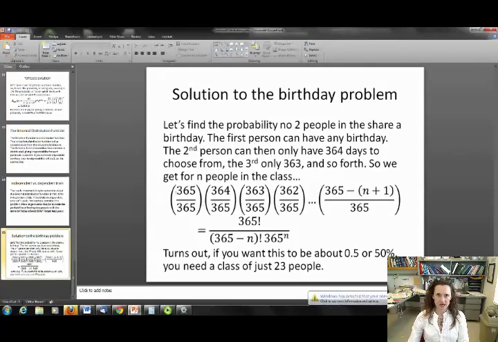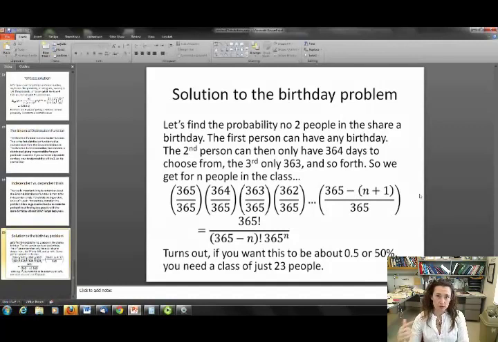Here's your first person that can have any one of the days, 365 out of 365. Here's your second person that's only got 364 out of 365 choices, okay? And then 363 out of 365, 362 out of 365, all the way down to (365 minus n plus 1) over 365. So this is for the nth person in your class.